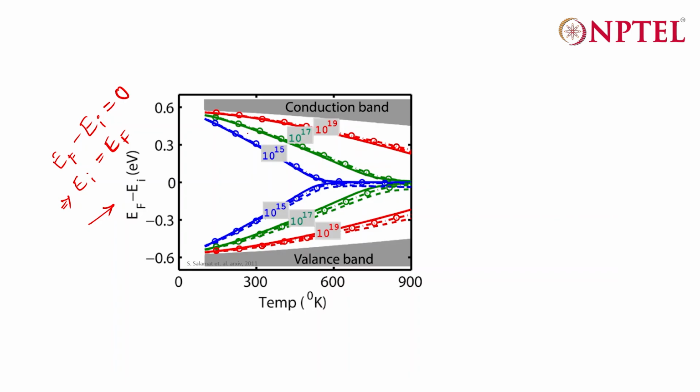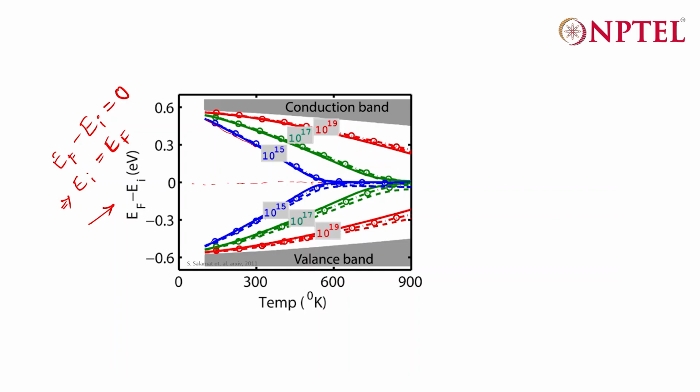Now, if you increase the temperature, you will find that your Fermi level is shifting, for n-type, from a higher energy level to a lower energy level. For an n-type semiconductor, I repeat, your Fermi level will shift from higher to lower energy and come close to Ei, the intrinsic energy level, as we increase temperature.